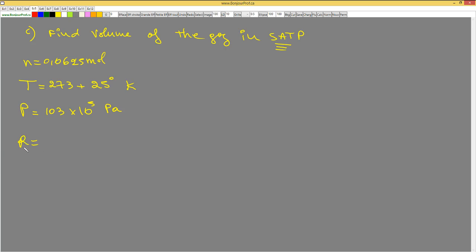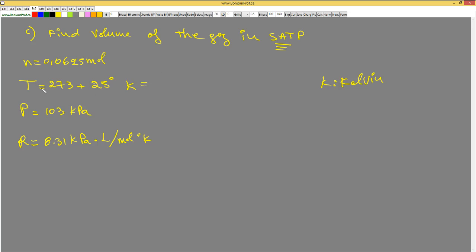Can you give me the R that you have? It will be 8.31 kilopascal times L, divided by mole times Kelvin. K is Kelvin, a temperature in Kelvin instead of degrees.